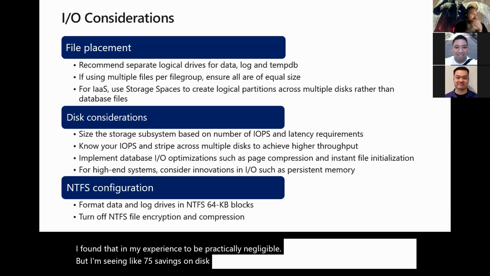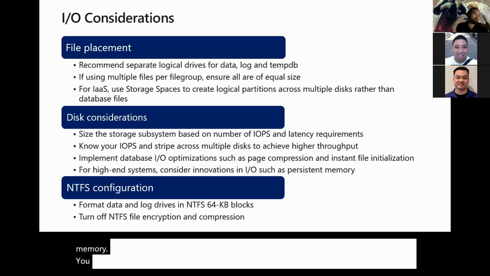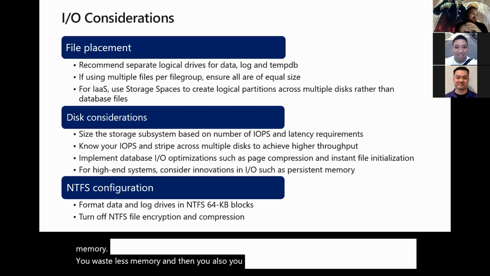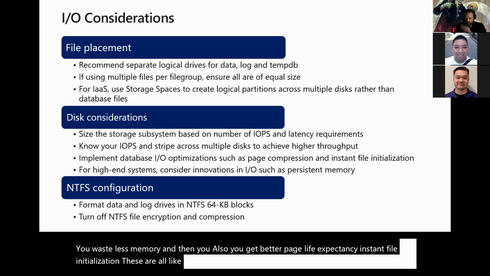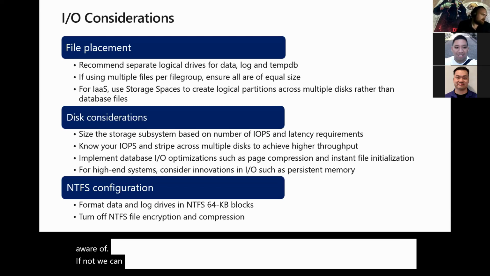And then also, because it stays compressed in memory, you waste less memory, and you also get better page life expectancy. Instant file initialization, these are all standard best practices. I would hope that most people are aware of. If not, we can talk afterwards, or by email, Twitter, whatever.